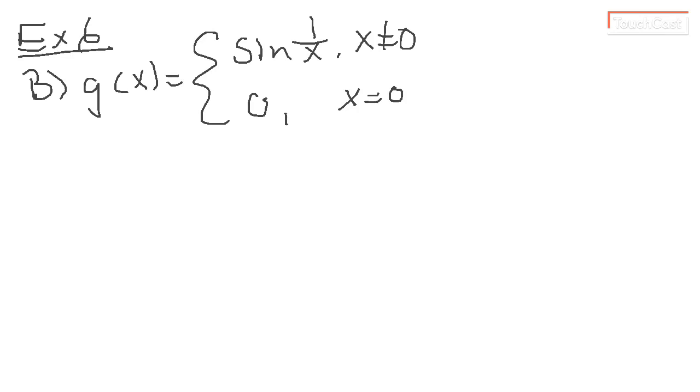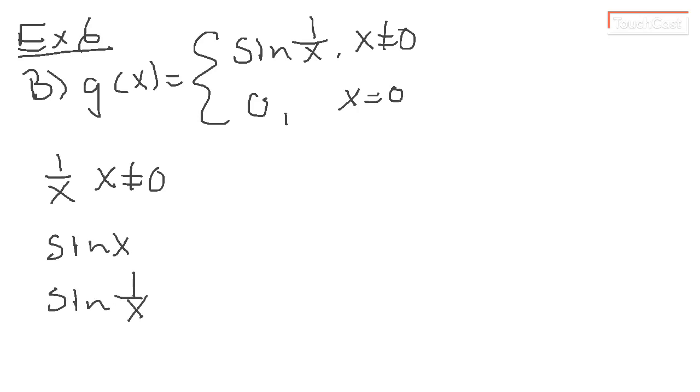Recall that the function 1 over x is continuous at all values except x can't be 0. At that point it is undefined. And sine is continuous for all values. And because of theorem 1.12 on composite functions, if we have sine of 1 over x, we can say that it is continuous for all values except x can't be 0.